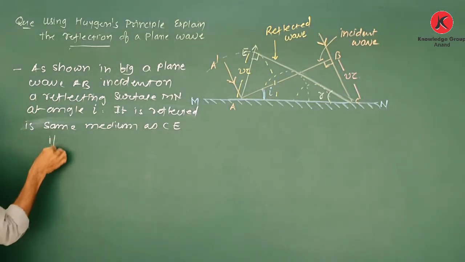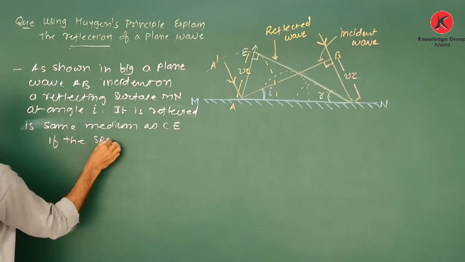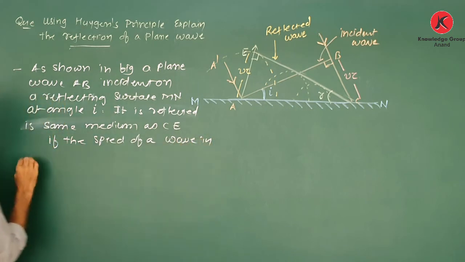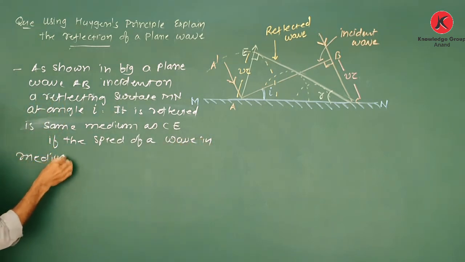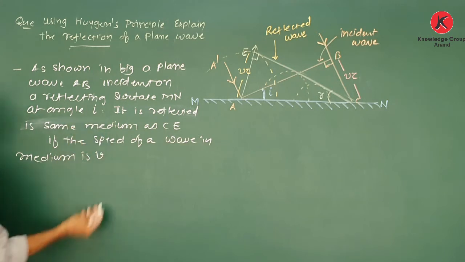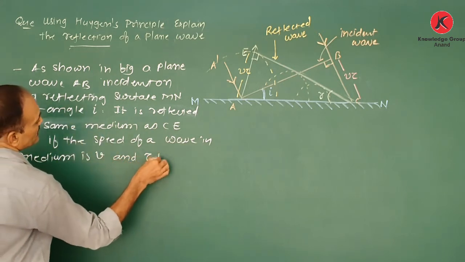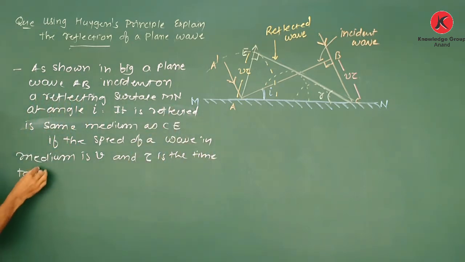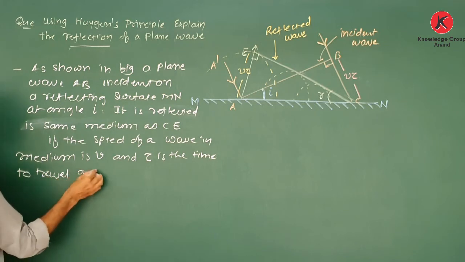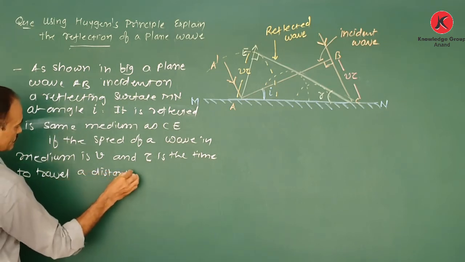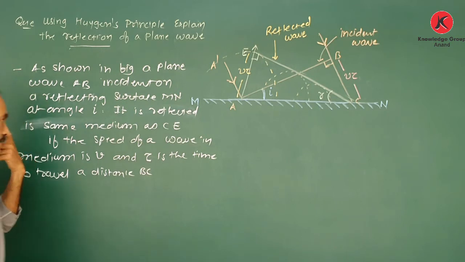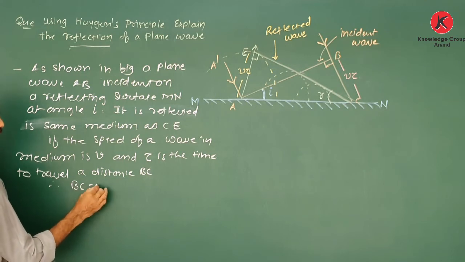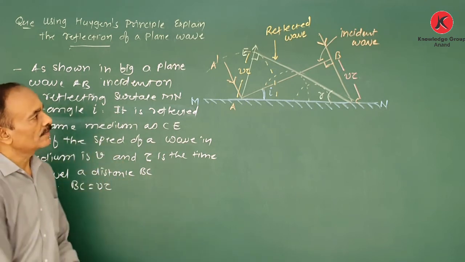Now, if the speed of the wave in the medium is v, and tau is the time to travel a distance BC, therefore BC is equal to v into tau.